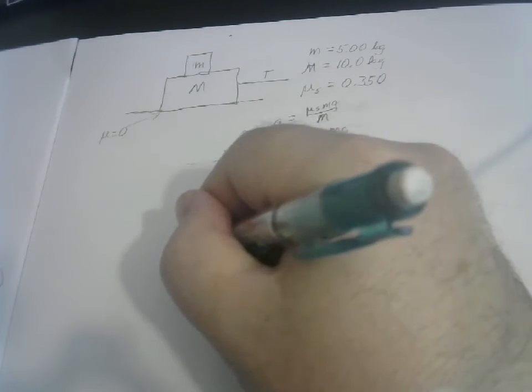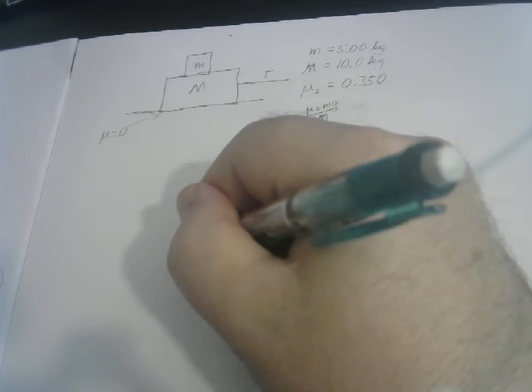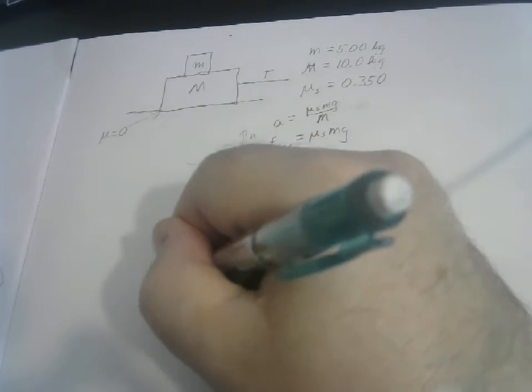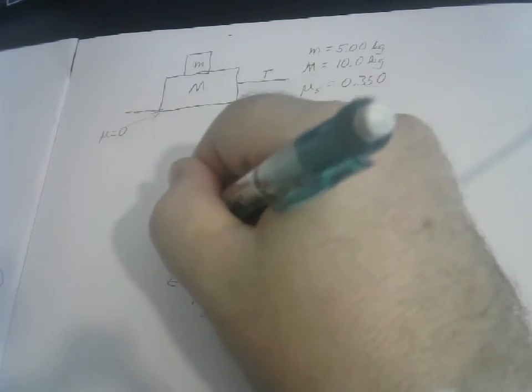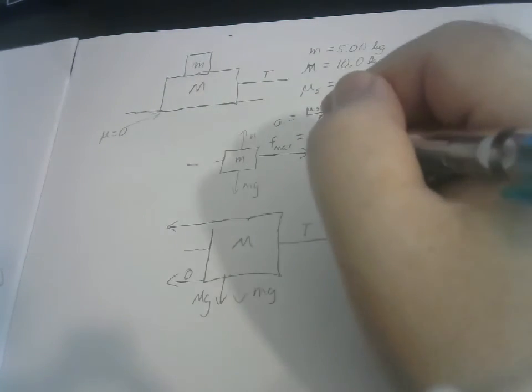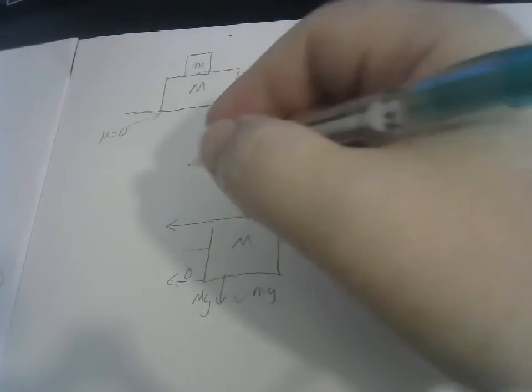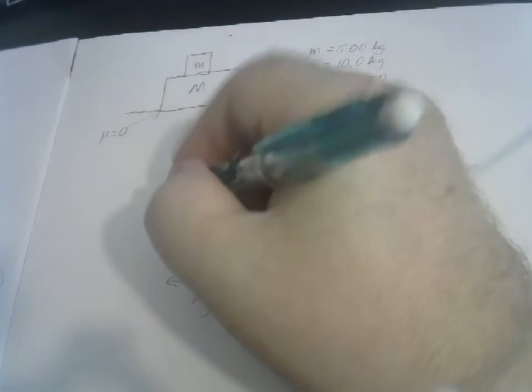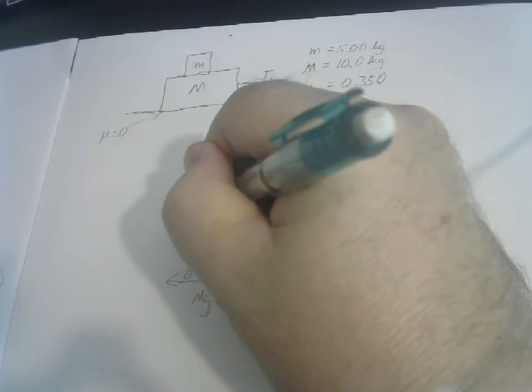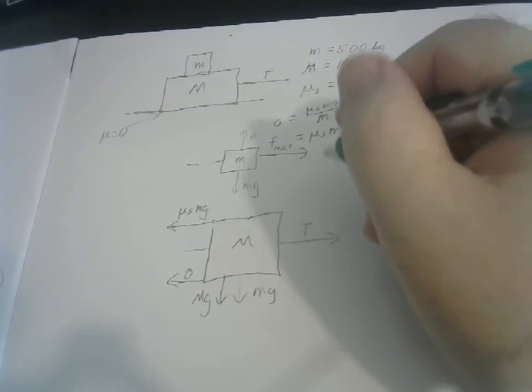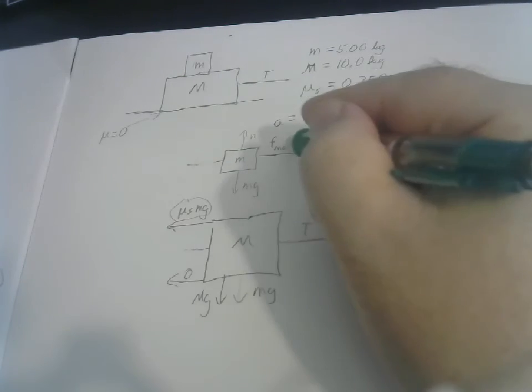We will have no frictional force from the bottom, so it'll be 0 down here, but on the top we will have a frictional force of mu sub s lowercase mg, to counterbalance this.